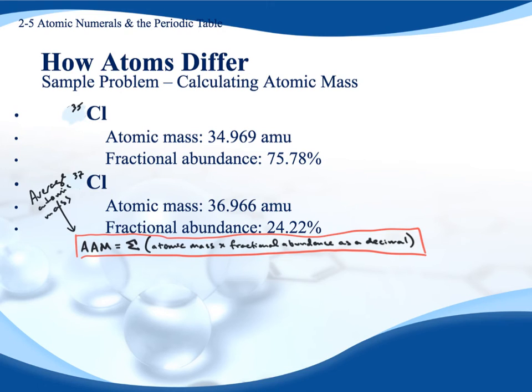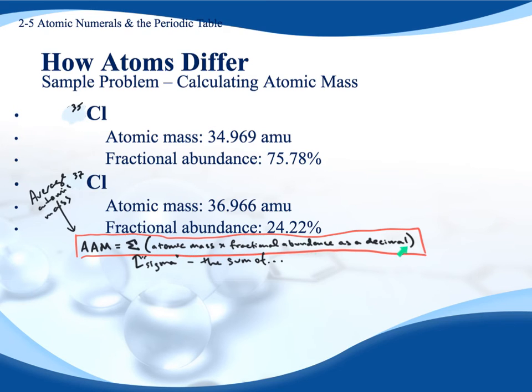This symbol here is the Greek letter sigma, and it means the sum of. So the average atomic mass is the sum of all the atomic masses times the fractional abundance as a decimal.